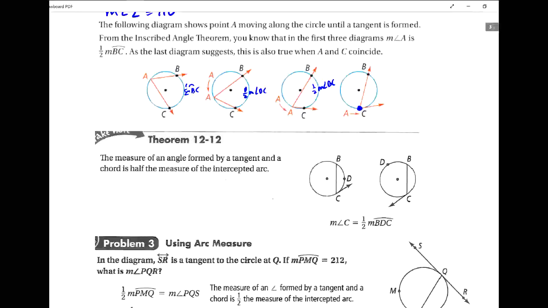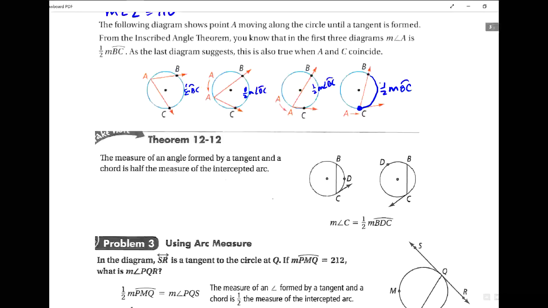Well, nothing happens. Your angle is still intercepting this arc, and the measure of our angle is still 1/2 the measure of arc BC.